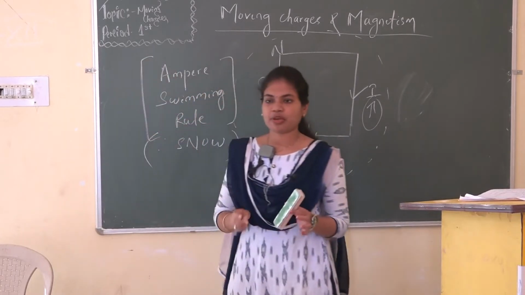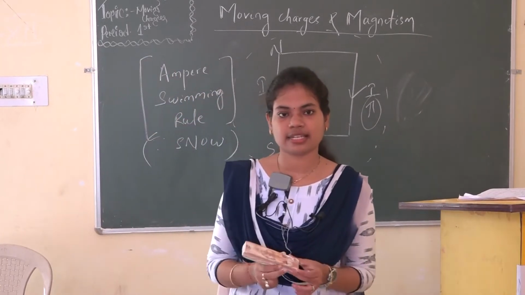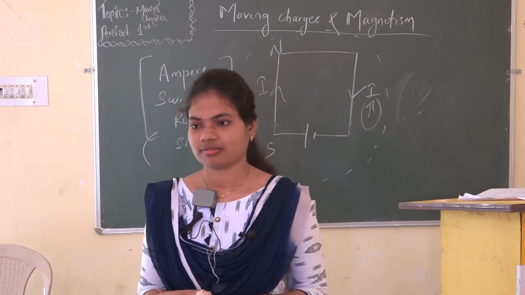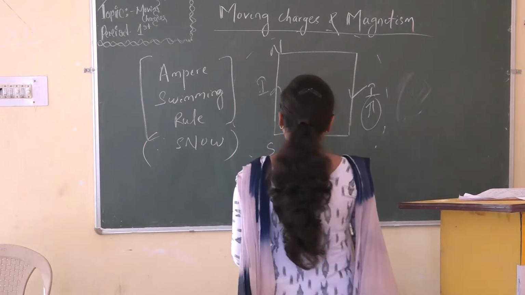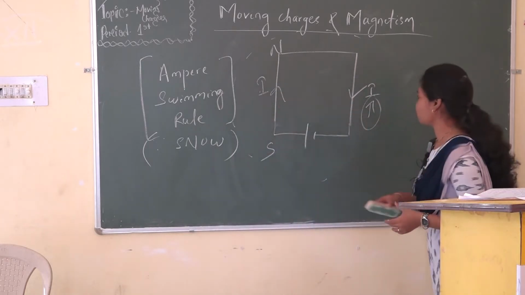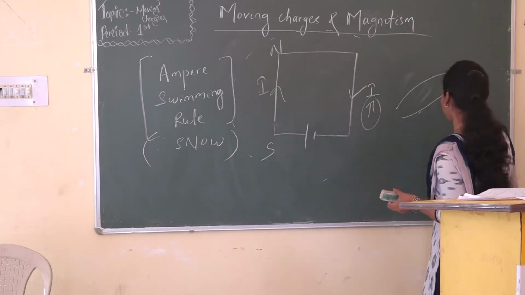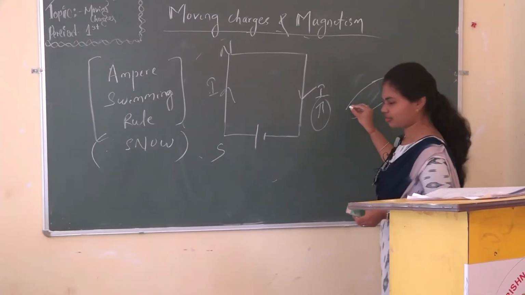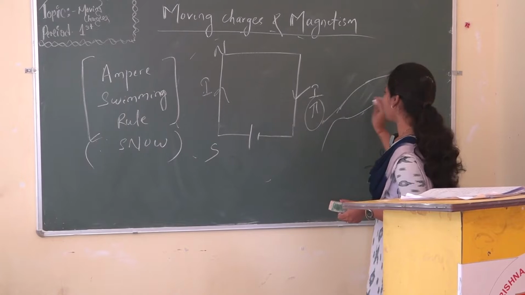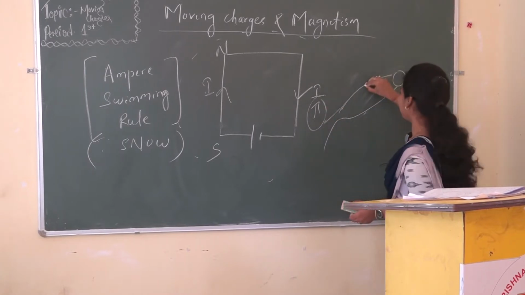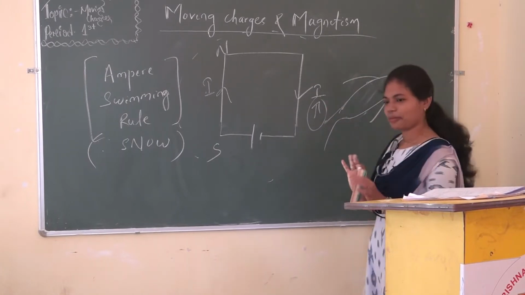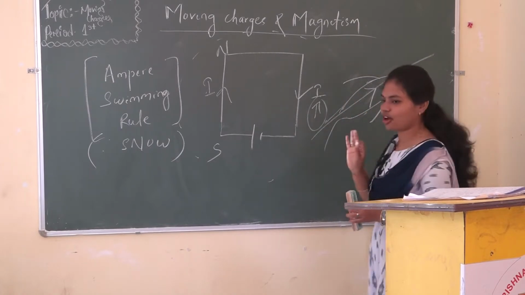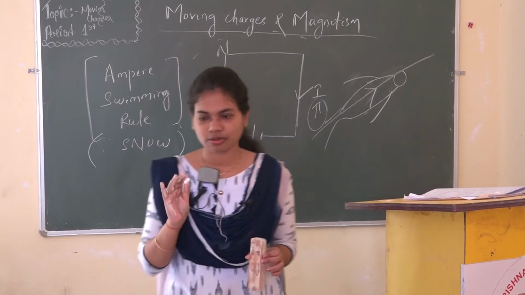Why is this called the Ampere swimming rule? Because the rule is based upon swimming. Suppose a man is swimming. That is the direction of current flowing.